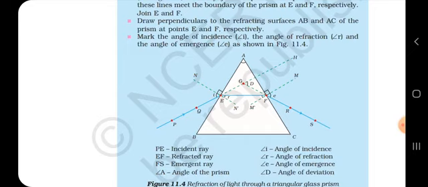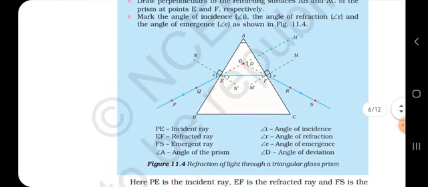Again the light goes in a straight line and it bends again. So we can see that whenever light goes from a thicker medium to a thinner medium, it bends away from the normal. Fine, I hope you are clear with this.